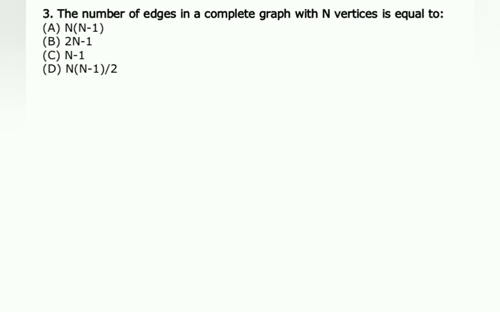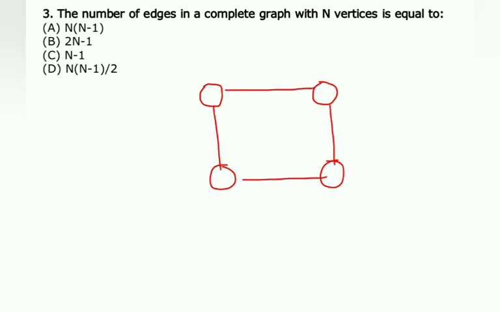So let us consider a complete graph here with 4 vertices. Since it is a complete graph, every vertex must be connected with each other. So this one will be connected with this one, and every vertex is connected with each other.